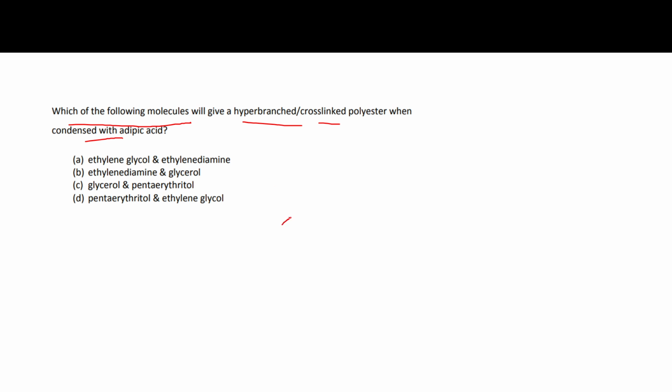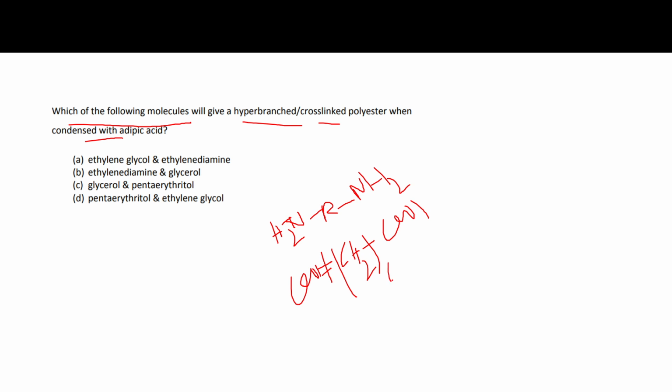So when we have a monomer with two functional groups, like adipic acid with two acid functional groups, and another monomer which also has two functional groups, like CH2OH, the structure of adipic acid will be like this.